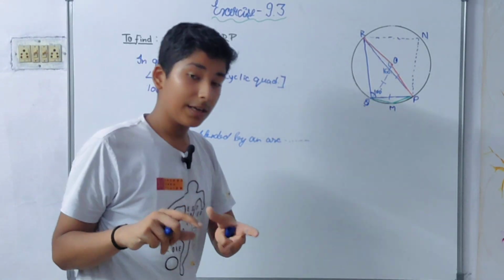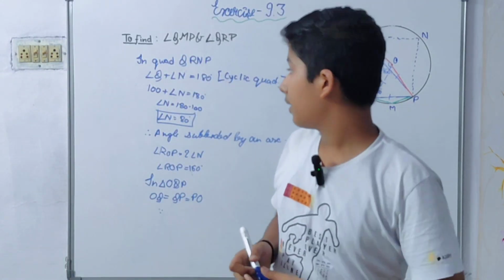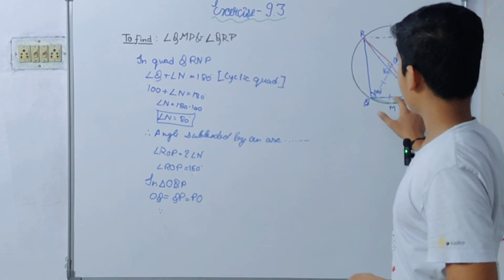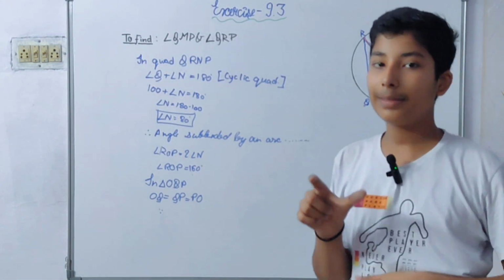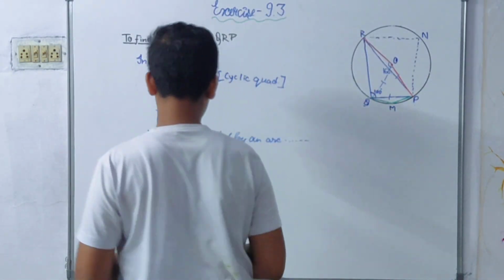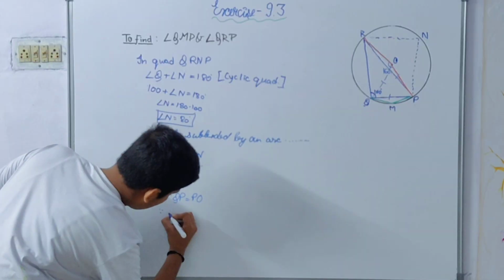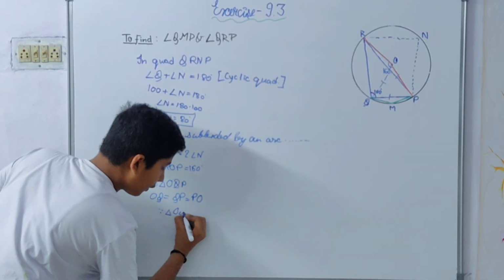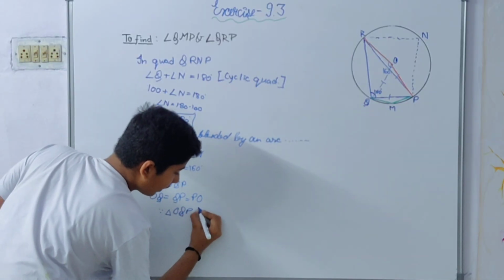Therefore, all three are radius size. Since these two are radius, and it is already given that this is equal to the radius, all three are equal. Hence, triangle OQP is equilateral.